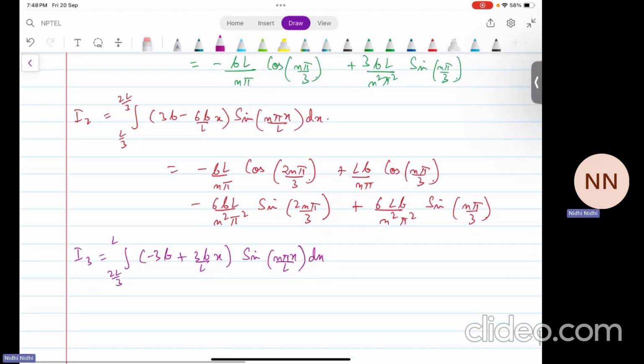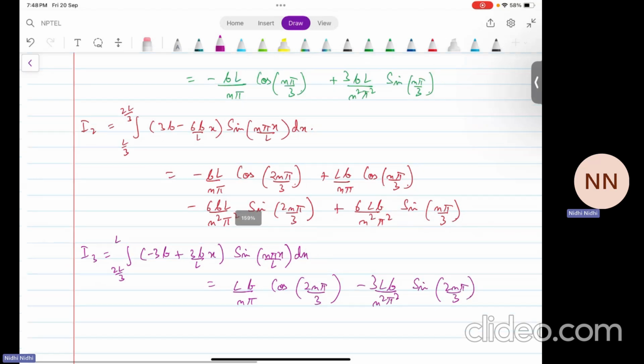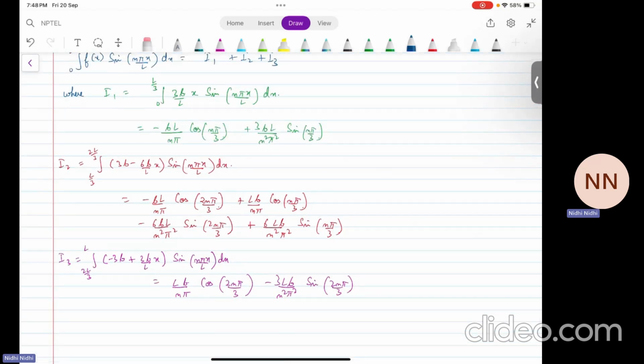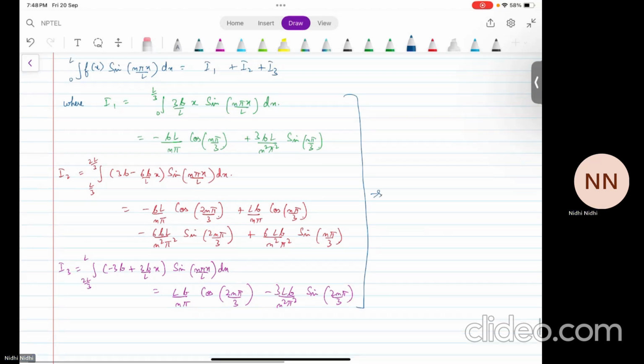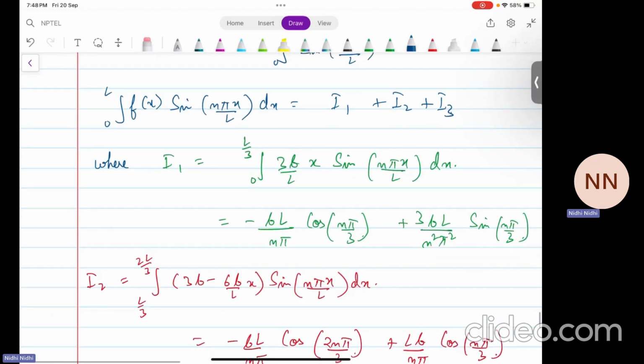This will be equal to Lb by n pi cos(2n pi by 3) minus 3Lb by n square pi square sine(2n pi by 3). Now adding these three terms, we will get that, let's take this to be I.